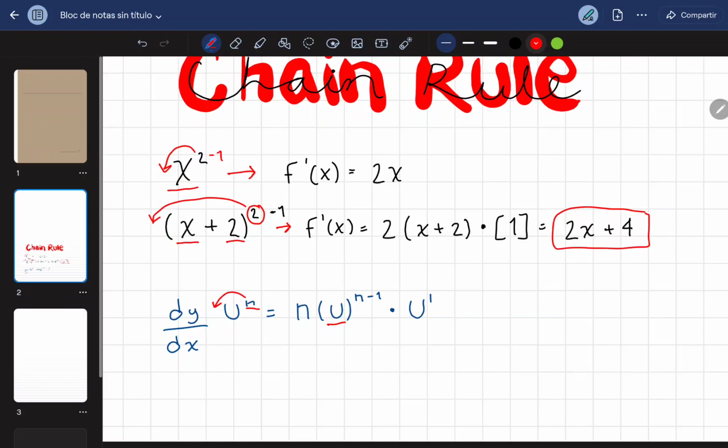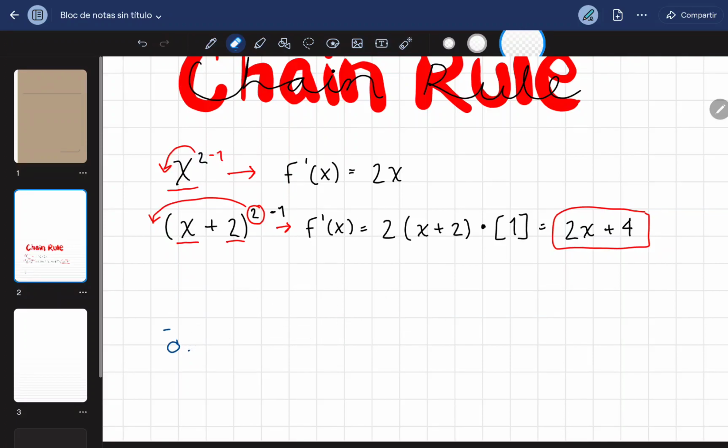We can prove this by solving the binomial square. I'm going to erase a little bit of this. So we know that if we solve the binomial square, we will have something like this: x squared plus 4x plus 4, right?